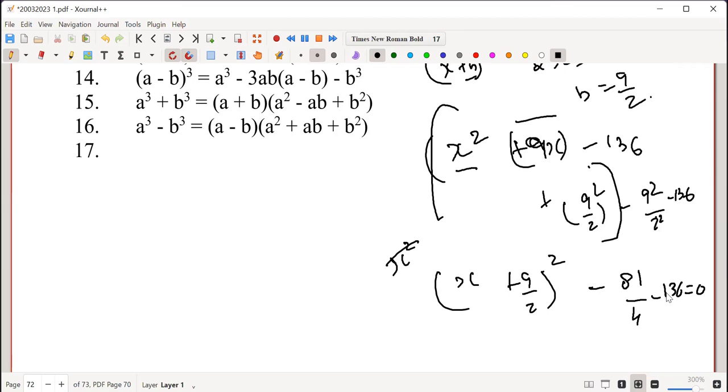I have to take this 81 by 4 and 136 the other way around. To get the same 4, I will multiply and divide by 4. So it will be 4 into 136.